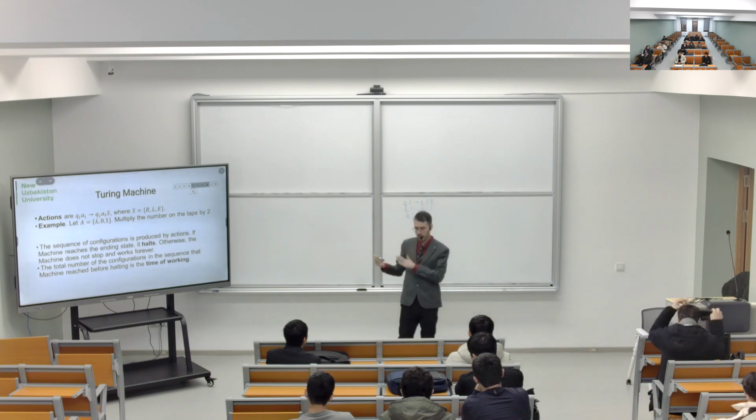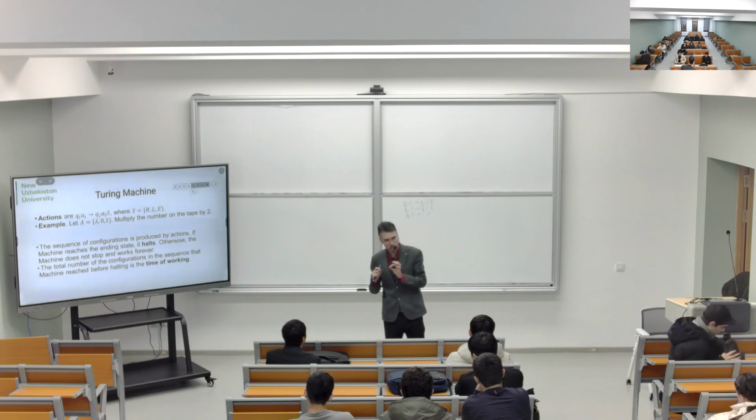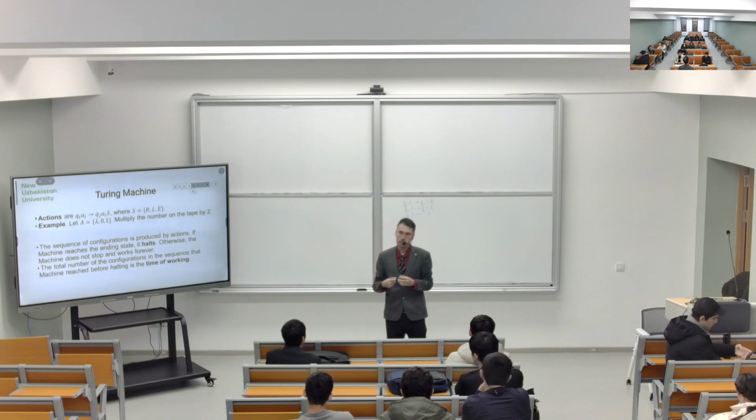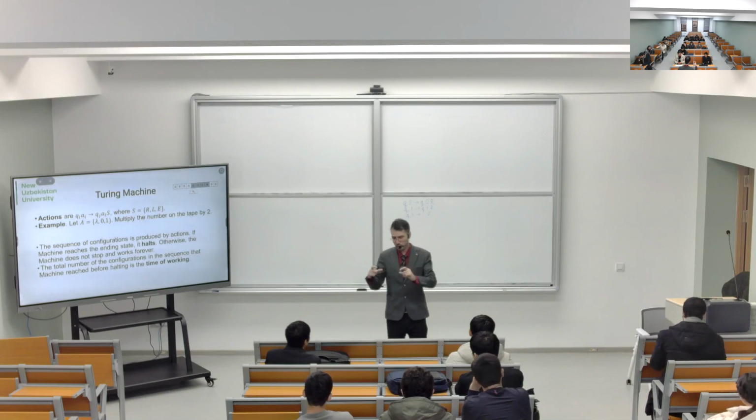But when the machine ends, it's preferable that it also looks at the leftmost symbol. So it should go back. Why do we do this? You know about functions already in programming. You call one function, you call the next function, you call a third function, and you can call inside one function another function.